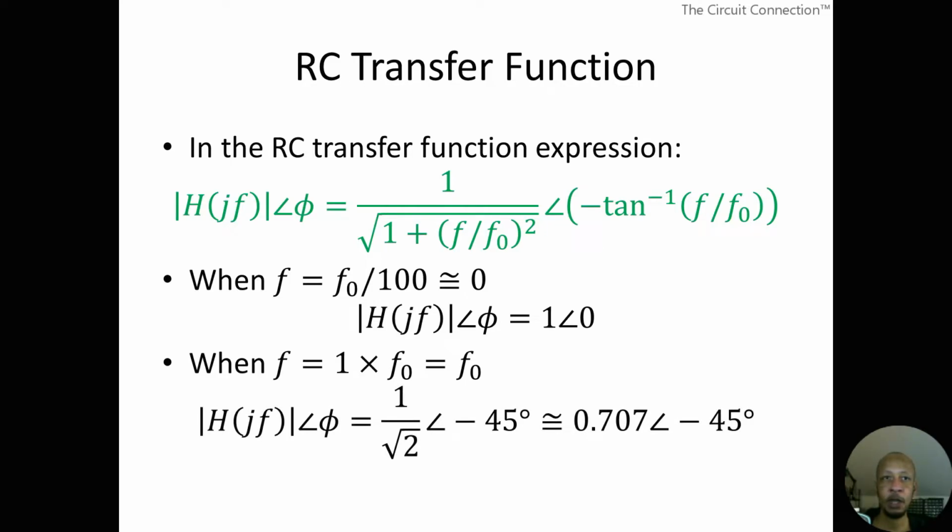Same thing as when you were using W. So this is a good checking point for consistency. You're going to get 1 over square root of 2 at an angle of negative 45 degrees, and 1 over square root of 2 is approximately 0.707 at an angle of negative 45 degrees.